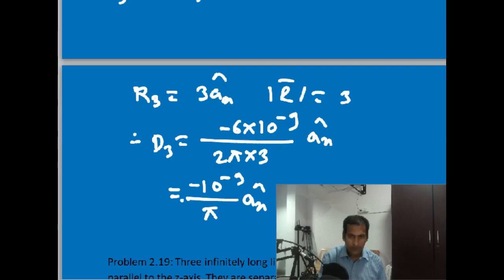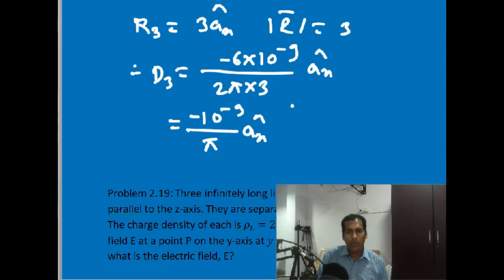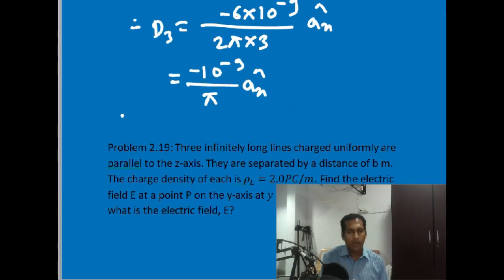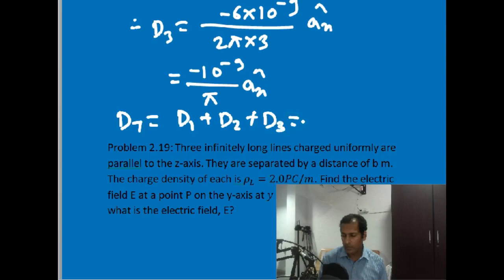Now our work is to take the total, D total. D total will be equal to addition of D1 plus D2 plus D3. So this total, I'll write down the answer.